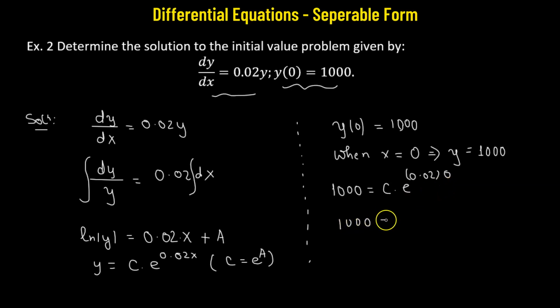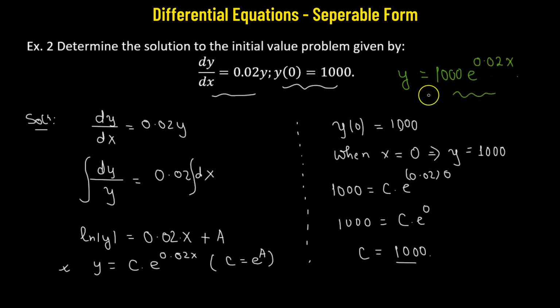That means 1000 equals c times e raised to the power of 0. e raised to the power of 0 is 1. So the value of c is 1000. We'll substitute this into our equation such that our solution will become y equals 1000 times e raised to the power of 0.02x. So this is the solution to the given initial value problem.